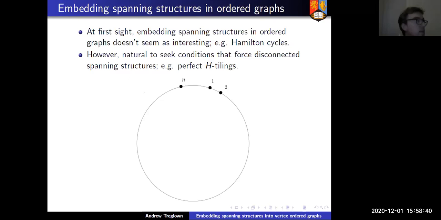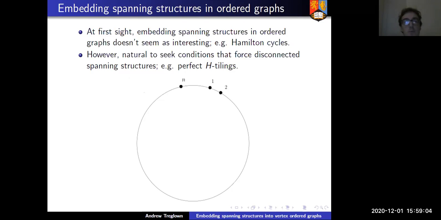And they're very natural questions to consider, right? Because a whole host of results in graph theory concern embedding your favorite spanning structure given a minimum degree condition, Dirac's theorem or something like that. The problem is, I think at first sight, maybe this doesn't seem as natural a question, for the following example that sort of makes you feel like that.